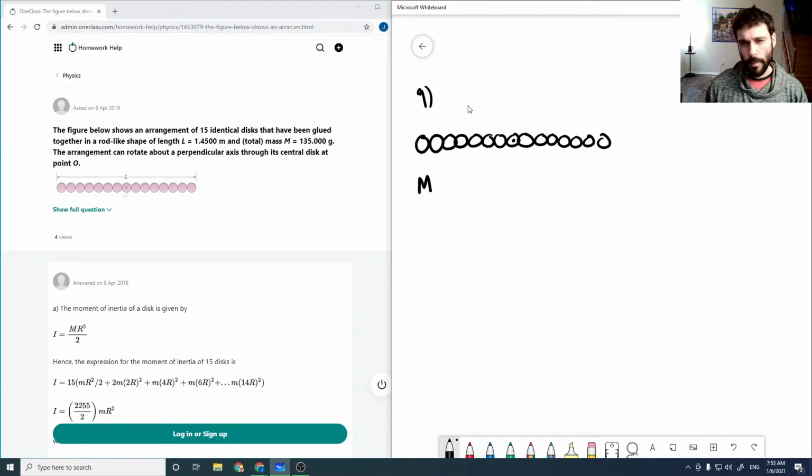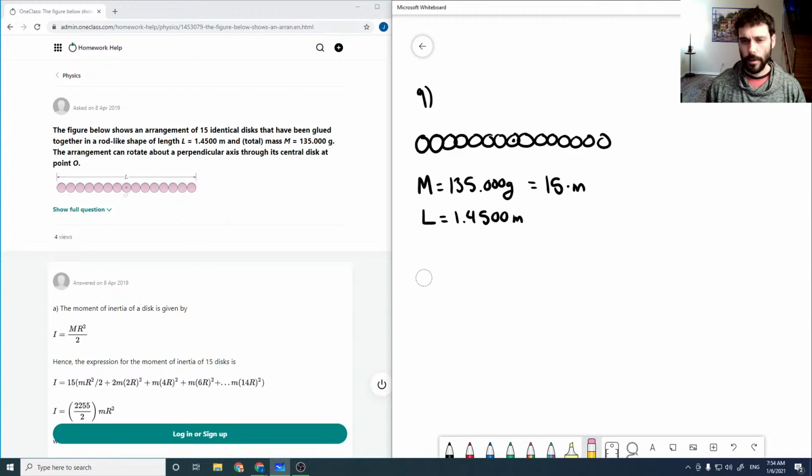And so it says that our mass is 135.0 grams, which is equal to 15 times our little masses. So each of the little masses. And our length is 1.4500 meters.